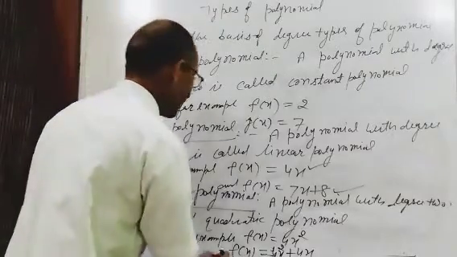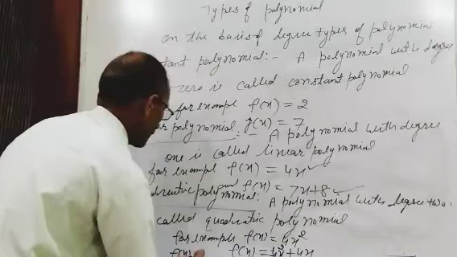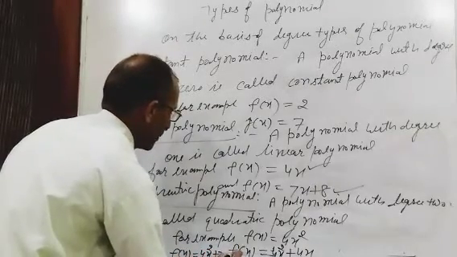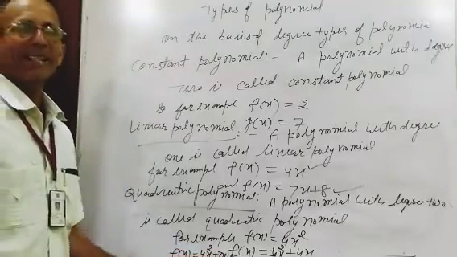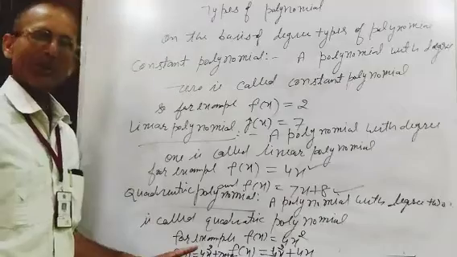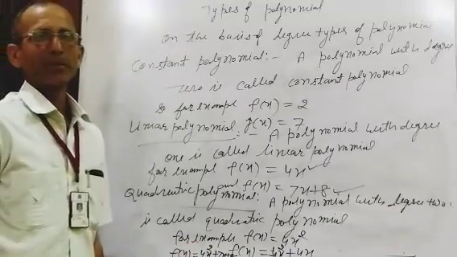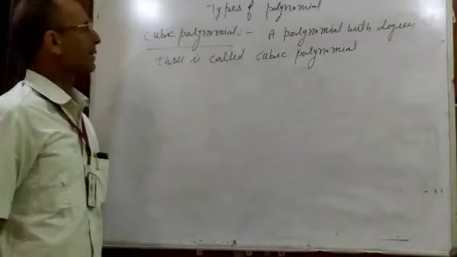And trinomial: f(x) is equal to 4x square plus 7x plus 8. This is also quadratic with three terms, which means trinomial.